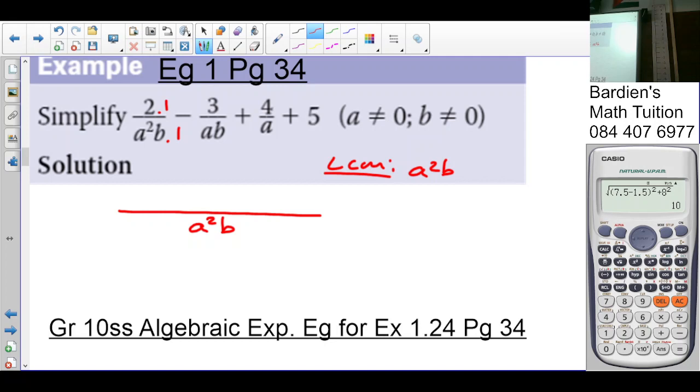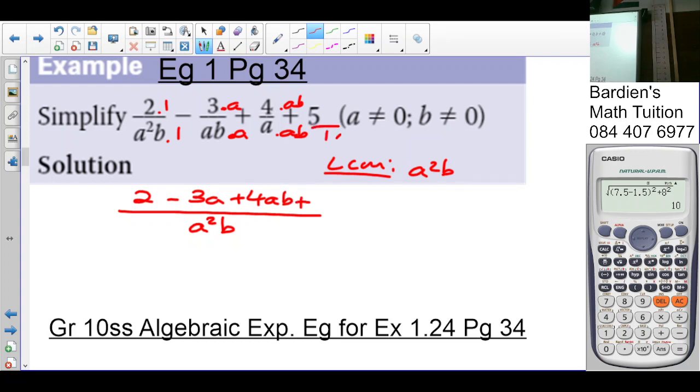So what's 1 times 2? 2 minus. AB times what is a squared b? Times a. Can you see that? So 3 times a is 3a plus. A times what is a squared b? AB. Times that also by AB. That's going to give you 4ab plus.